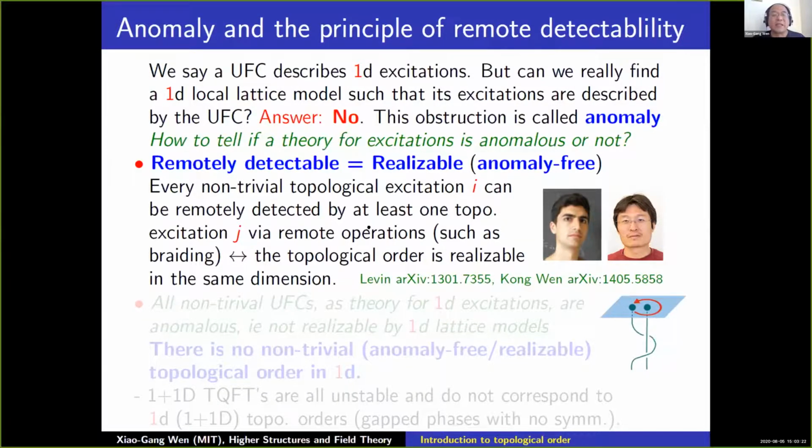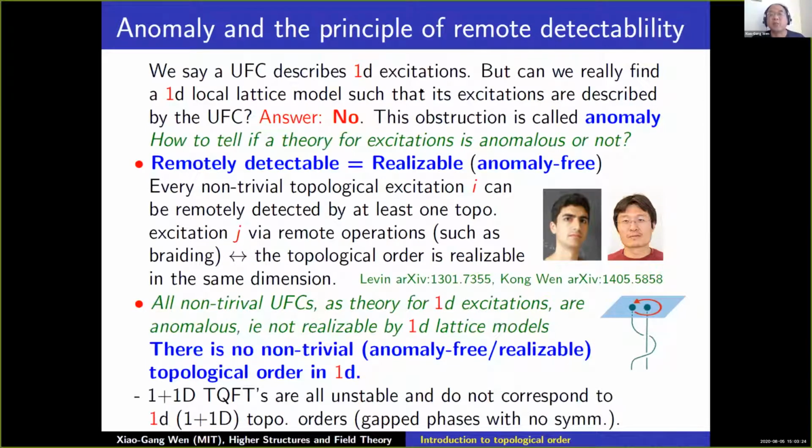Now we see that in one dimension we cannot do that, because with 1D excitations we cannot do this kind of braiding or any similar remote operation. Therefore, all the non-trivial unitary fusion categories are anomalous, except the trivial one, and there is no 1D lattice model realizing such a unitary fusion category.